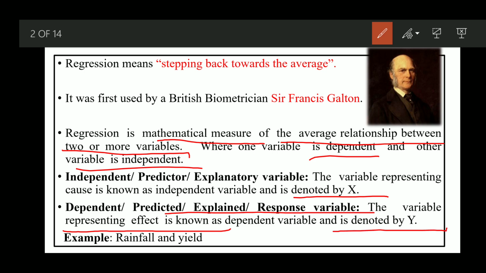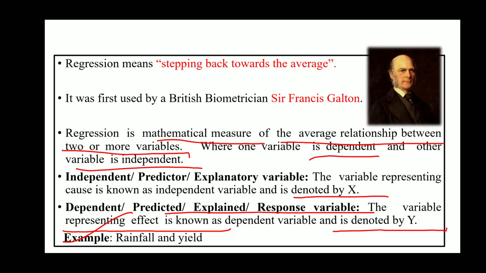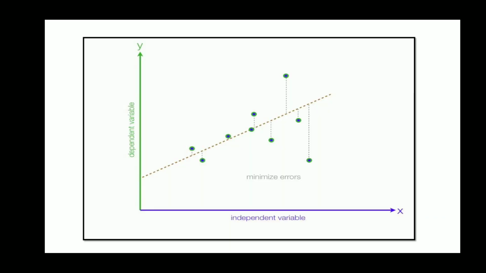This is an example: rainfall and yield. Here rainfall is the independent variable and yield is the dependent variable, because yield depends on rainfall, but rainfall does not depend on yield. So this is basically showing a regression line.